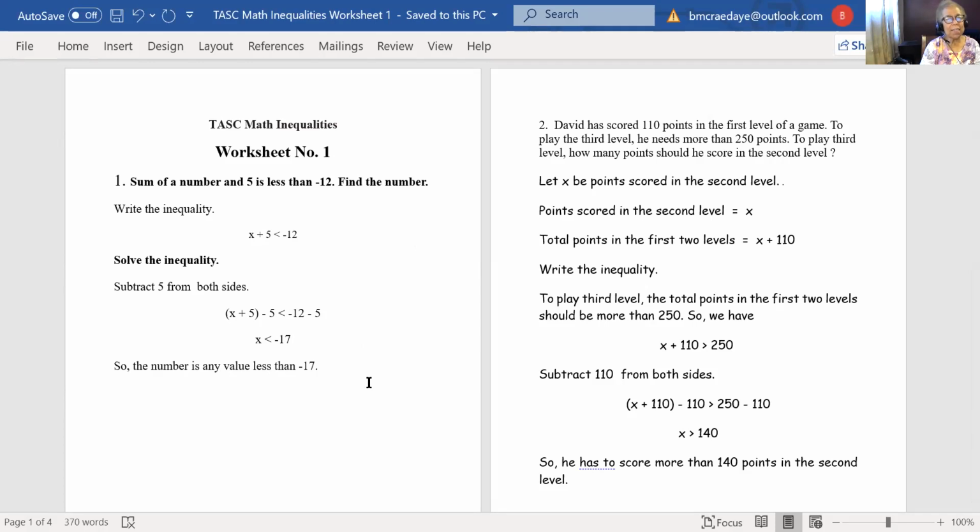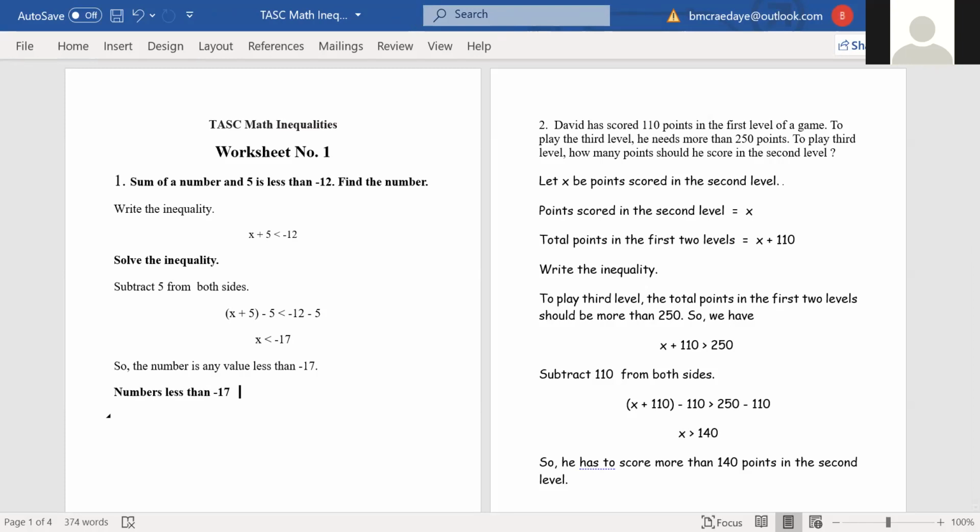Give me 2 values less than negative 17, Maureen. I would say 13 and 15.